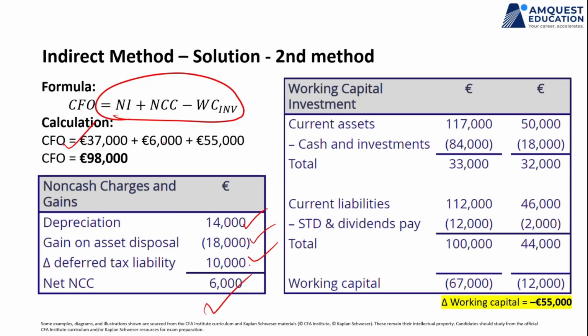So net, we are looking at 6,000, and all current assets and all current liabilities, excluding cash and excluding short-term debt. The change in working capital is 55,000. Goes here, and 98,000 is the number.